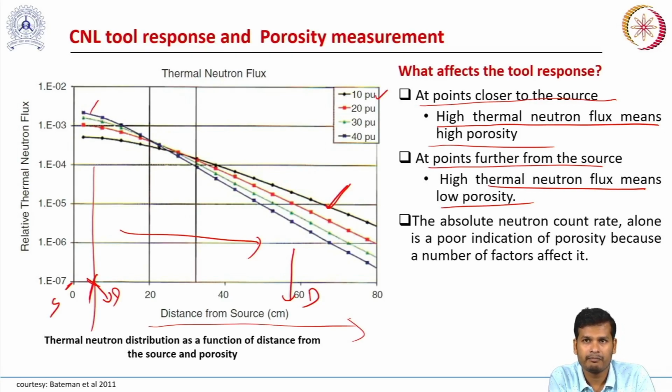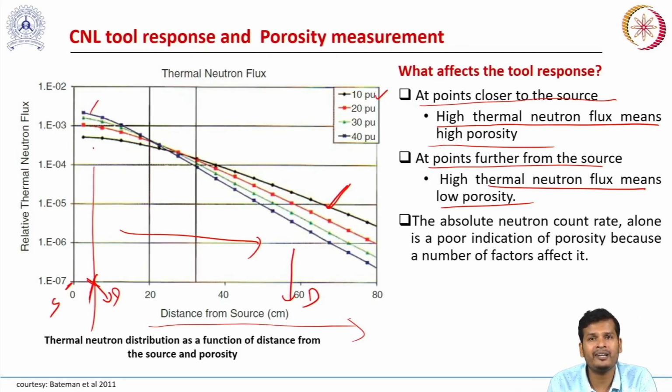That means the tool data will be affected by where the detector is placed. That's why the absolute neutron count rate is not a good indication of porosity, because a number of factors affect it, especially the spacing between the detector and the source.